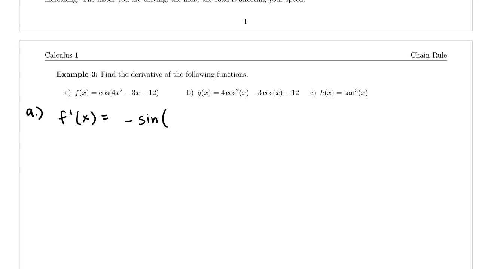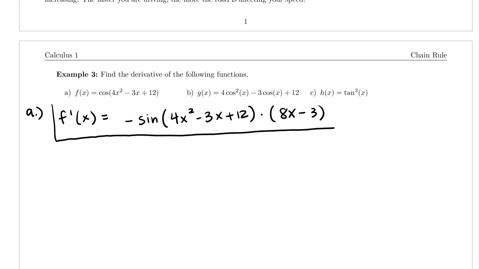And then I'm going to keep the inner function the same. Then we need to multiply by the derivative of the inner function, which in this case, because we have a polynomial, we would just use the power rule. So we'd get 8x minus 3, and then the derivative of 12, that's a constant, so that's 0.